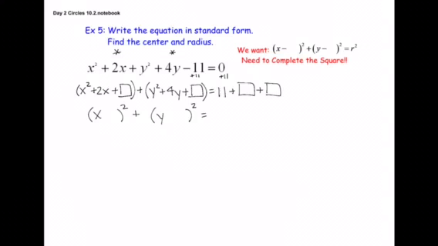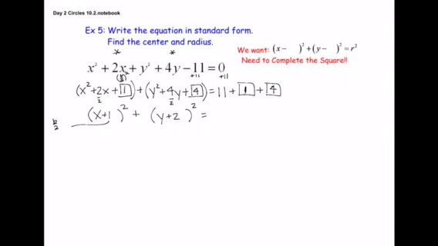In this blank right here, we have b divided by 2. So 2 divided by 2 is a positive 1. 4 divided by 2 is a positive 2. b divided by 2 squared, 1 squared is 1, so we need to add that to both of our boxes. 2 squared is 4.